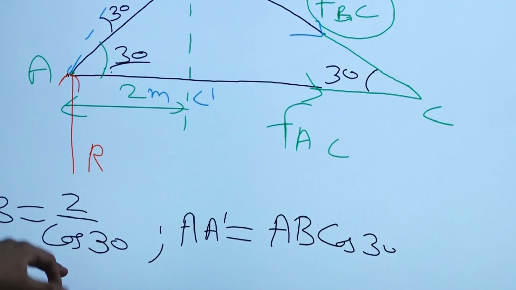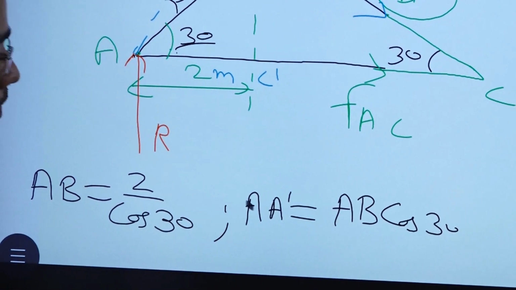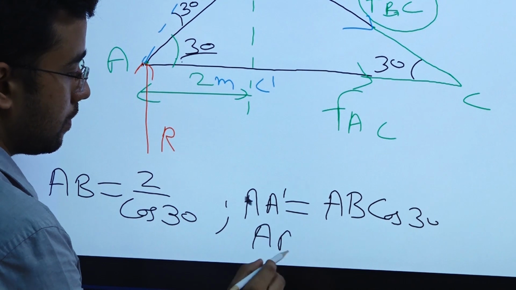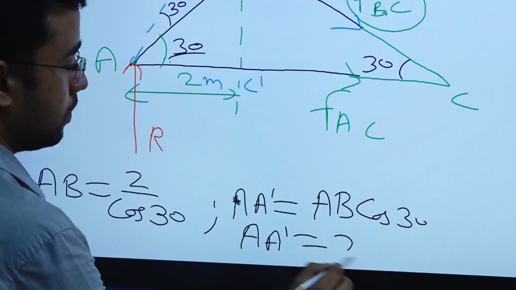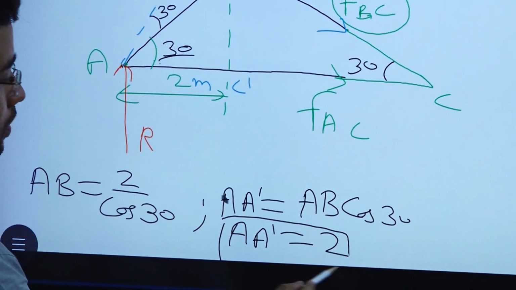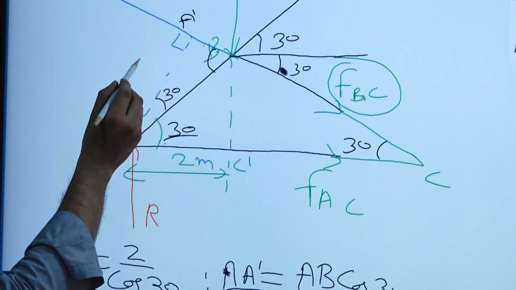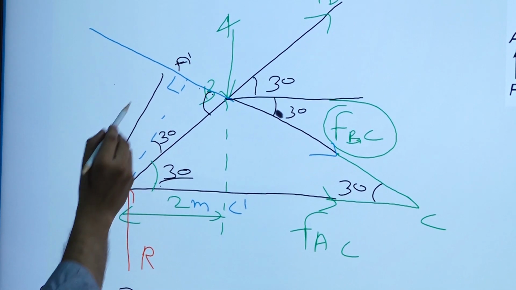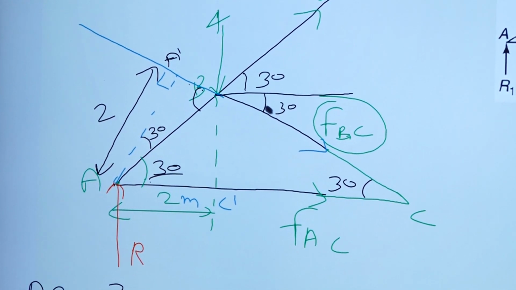AB is equal to 2 by cos 30. If you solve these two equations, you can find A dash as 2. So finally we found the value of A dash from here to here, that is 2.